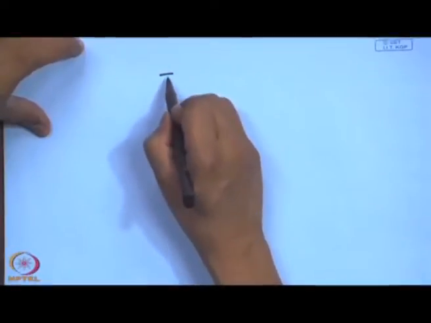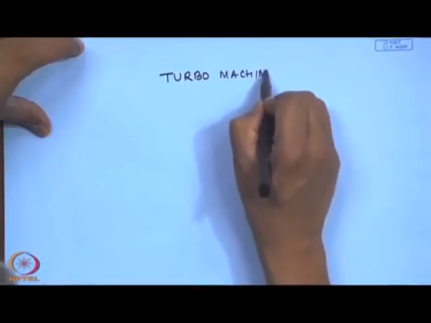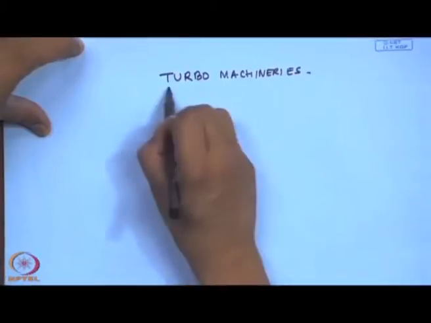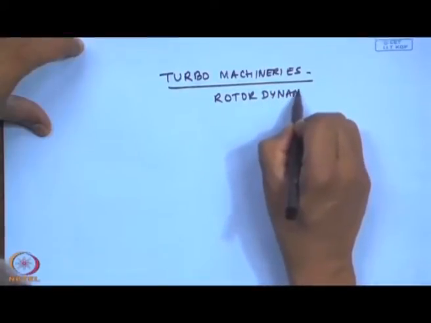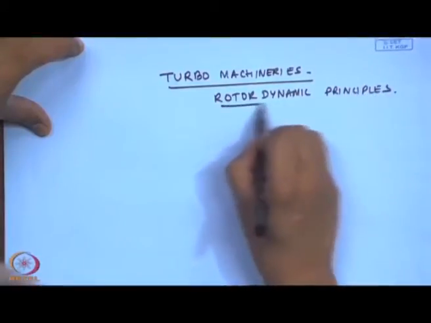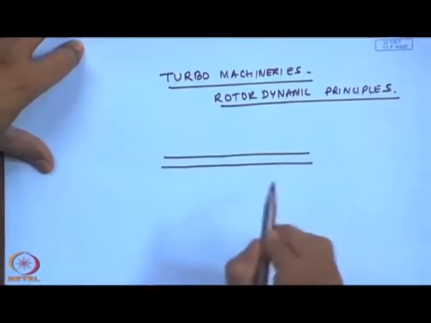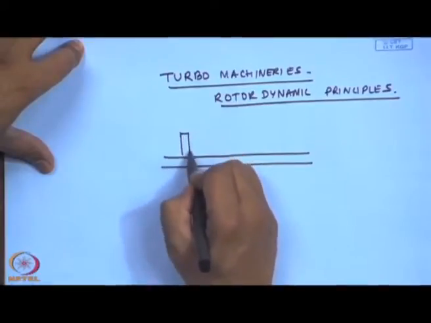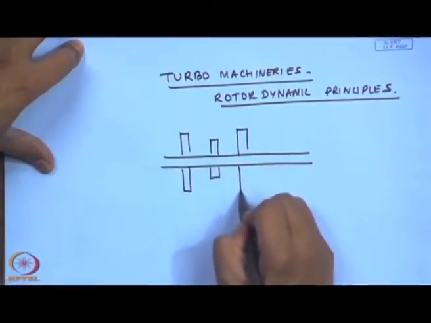and all of these compressors, if you are talking about dynamic compressors, are turbo machineries. So, all the rotordynamic principles which we have studied earlier apply to such fluid handling devices. So, essentially these shafts could be long, and contain a single set of vanes or multiple sets of vanes.